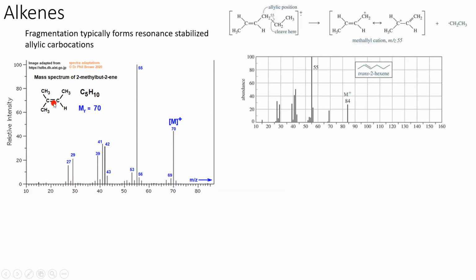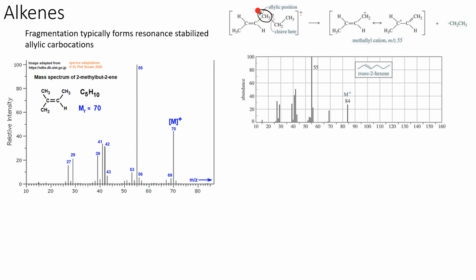Now for alkenes, you can remember that more fragments are formed which give you a more stable, resonance stabilized allylic carbocation. So the fragmentation will take place in such a way. Just look at this, this is your molecule, trans-2-hexene. If the molecule breaks over here, this is your allylic position.